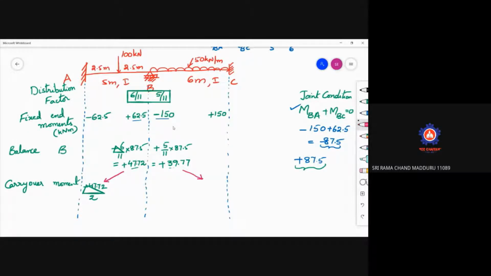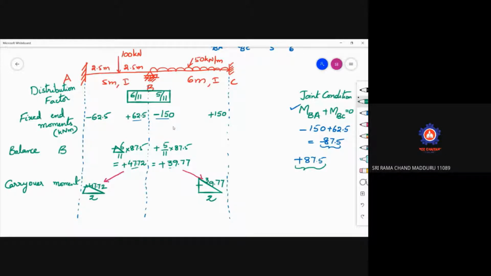Remember, only when it is fixed will the far end moment be carried over, and here this value will be plus 39.77 by 2.